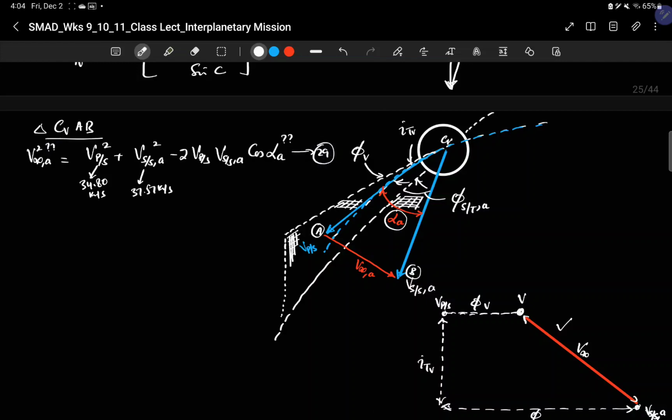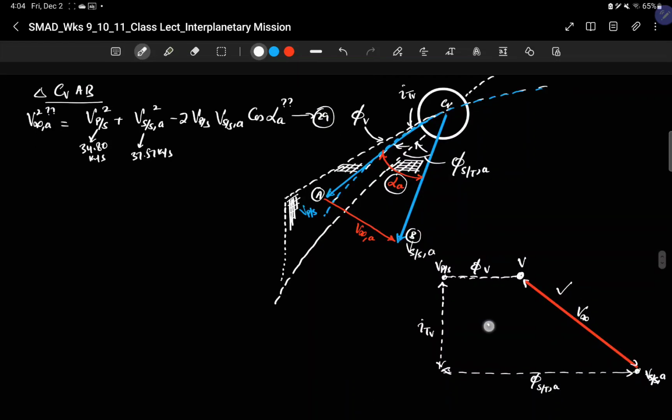So we can use the equation to determine the angle. The equation we used was cos of alpha A equals cos of ITV into cos, and because this alpha A relies on the difference between these two angles, it relies on this side.